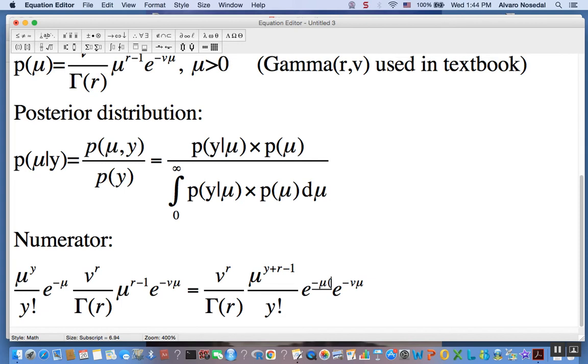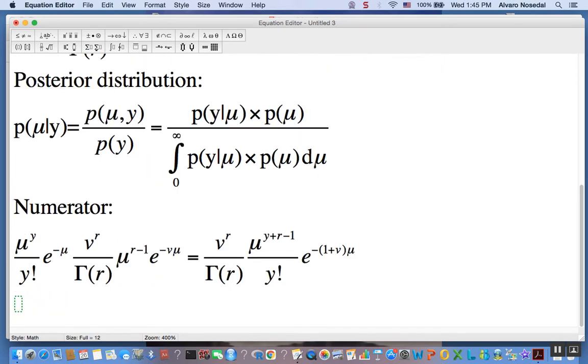We could have negative mu times 1 plus v, right? Agreed? It's the same, right? So now we no longer need that. Make sense? We just did a little bit of algebra with the exponents. Okay?